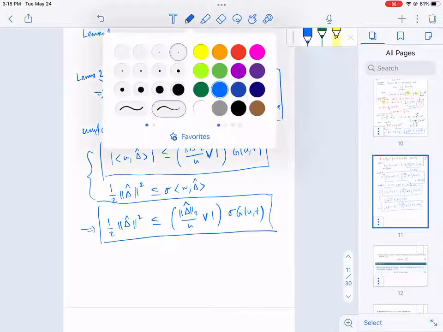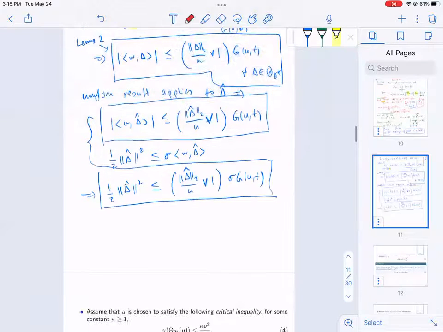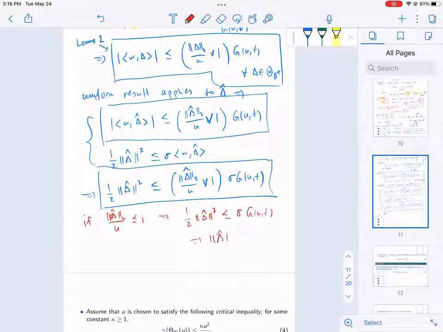What I get now is I can simplify. Either this is the bigger one or this is the bigger one. Okay, if norm of delta hat over U is less than or equal to 1, then this gives me 1/2 less than or equal to sigma g ut, which gives me that delta hat is less than the square root of 2 sigma g ut.